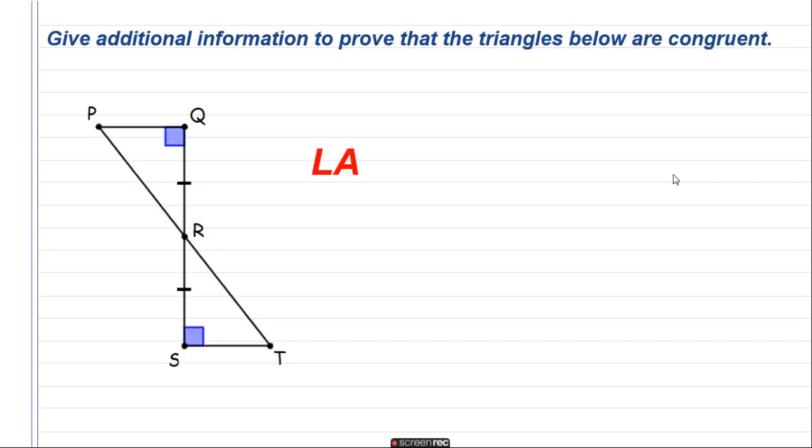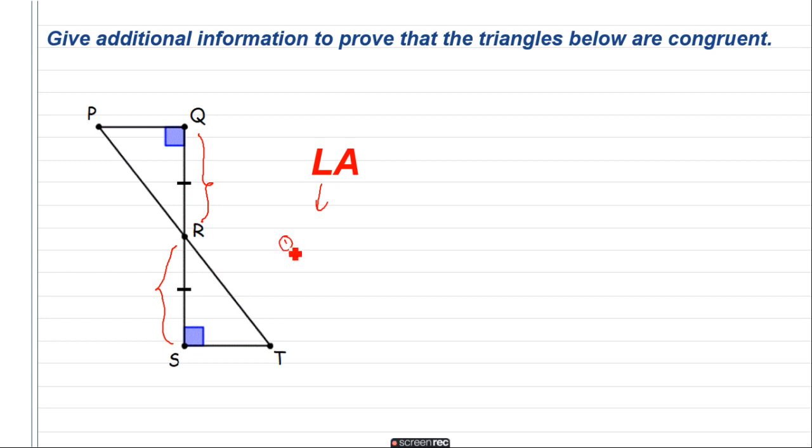So let's now proceed to giving additional information to prove that the triangles are congruent. Now, we are given LA. Meaning to say, these triangles must be congruent by LA. What is the additional information needed? We have QR already as our leg, and this SR. So they are legs already.